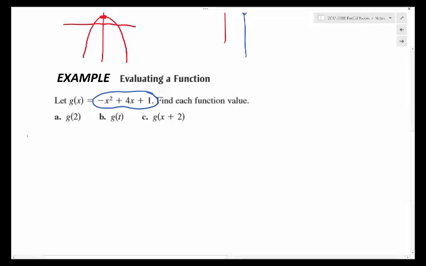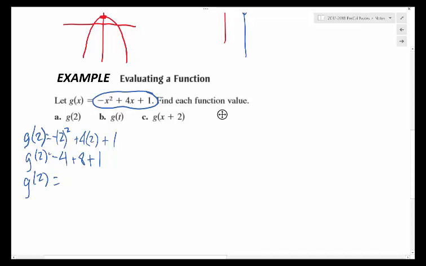For g of 2, it will simply be negative 2 squared. Key here is that I leave the negative outside and I'm not squaring the negative, plus 4 times 2 plus 1. So I get negative 4 plus 8 plus 1. Negative 4 plus 8 is 4, plus 1 is 5.